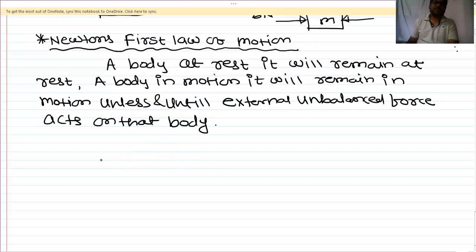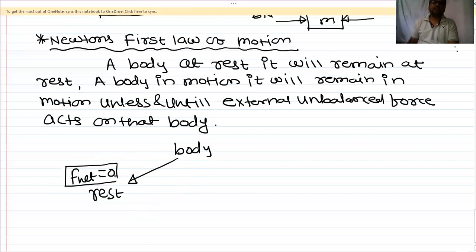So it says if a body is at rest, it will remain at rest if F net is equal to 0, and if a body is in motion, it will remain in motion if F net on that body is equal to 0 Newton.